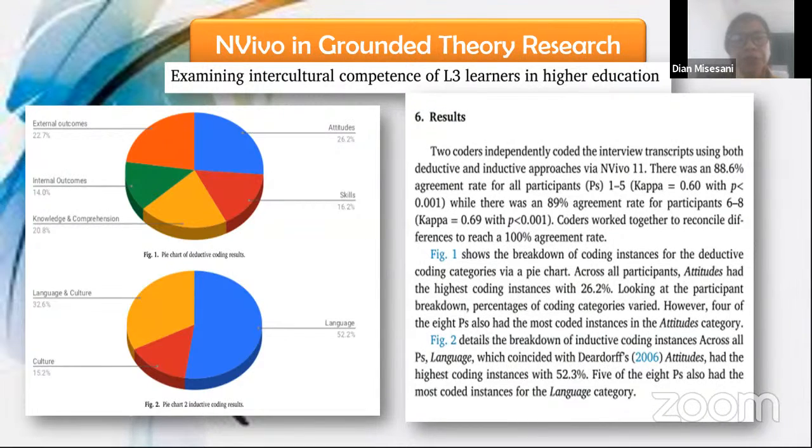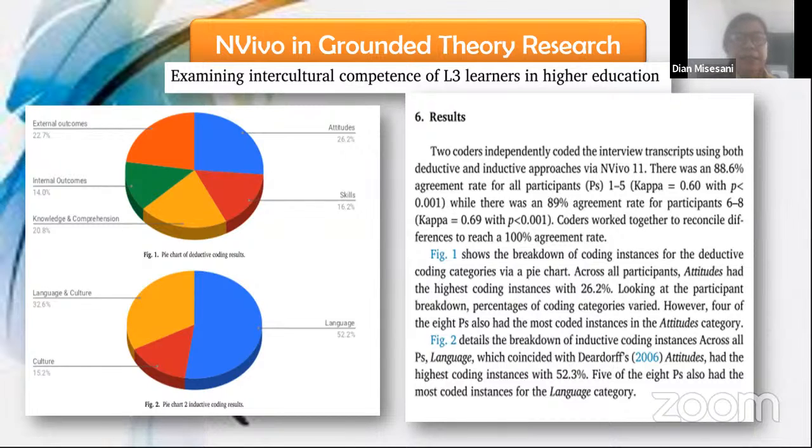To measure the reliability of the coding, the researcher here used kappa, in which the p-value is below 0.001. It means sometimes the first rater has 1, 2, 3, 4, 5 codings, and the second rater has only 3 codings. But the 3 of them have a relationship to one another.